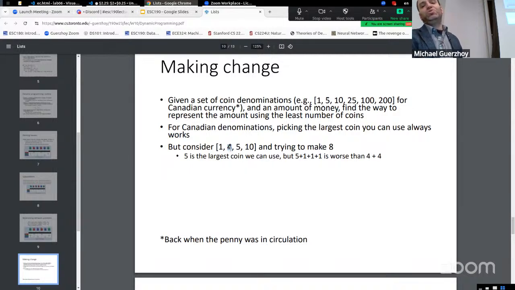But if you use the greedy algorithm and take the largest possible denomination, then you're stuck with a 5, and then you have to make up the rest with 3 pennies. So that's worse. Right? So the greedy algorithm works for this kind of thing. It does not necessarily work for any kind of denominations.